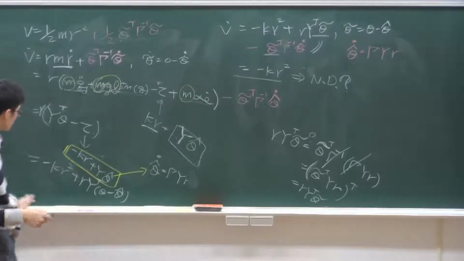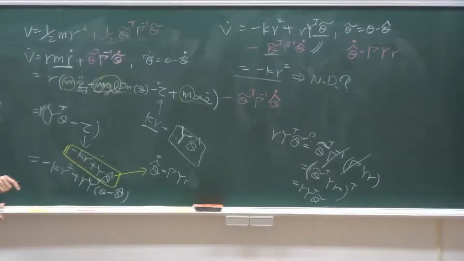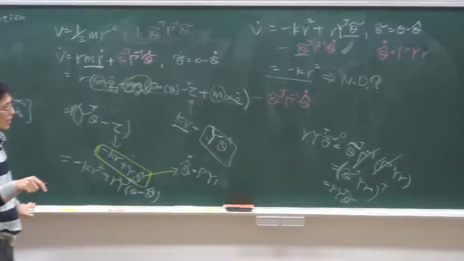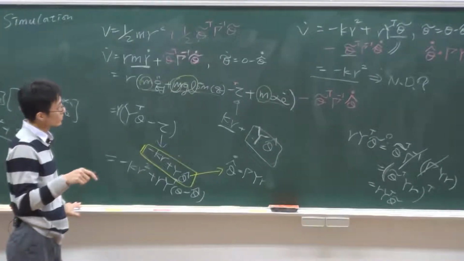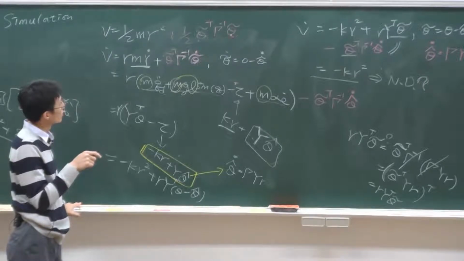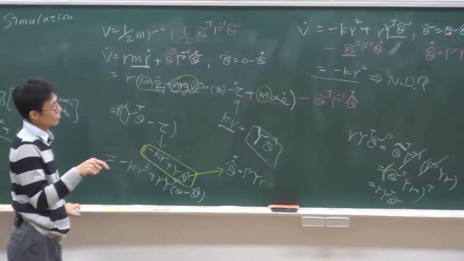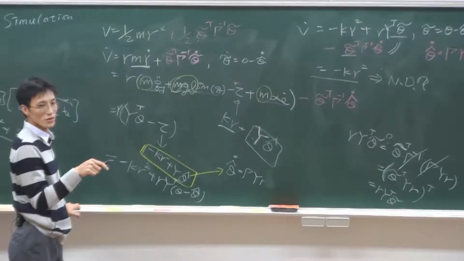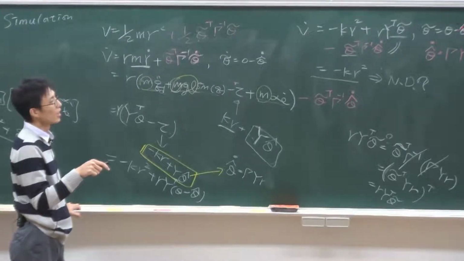But it's negative semi-definite, right? We are only trying to show that r converges to 0, but not this. Theta tilde, which is the difference between the true parameter and the estimate, is not necessarily going to be 0. Okay, it's not necessary.